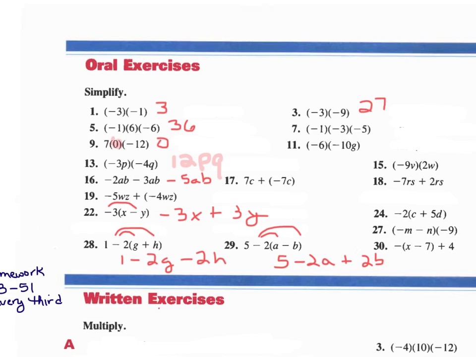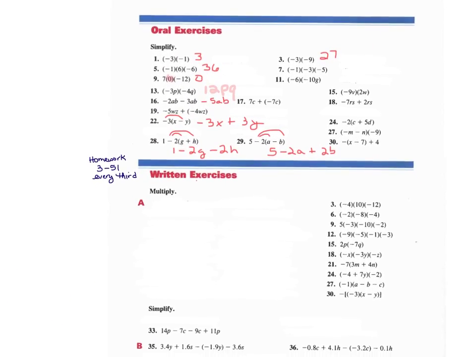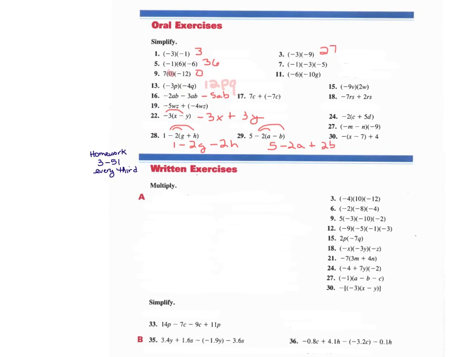All right, now, for your homework from this section, we're going to be doing 3 through 51 in every third problem. So essentially what we're going to be doing are the multiples of 3. So 3, 6, 9, and notice in my notes here, I've whited out the ones that you didn't need to do.